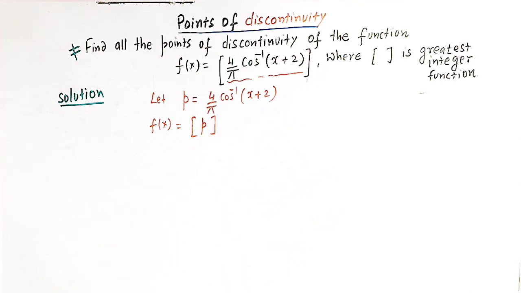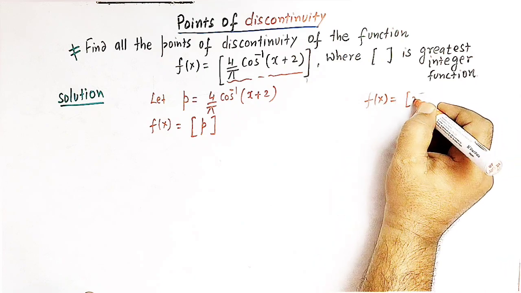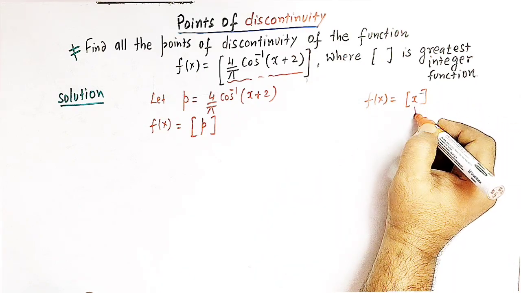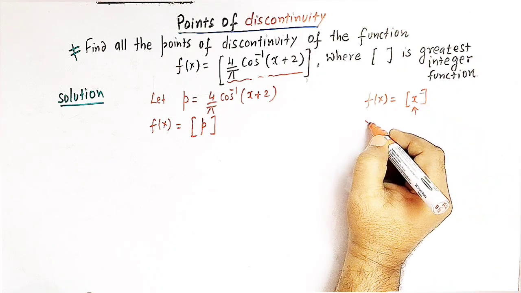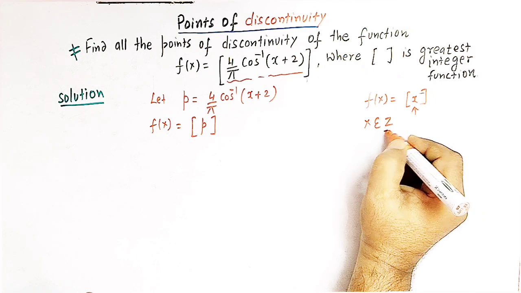Now see, we know that the greatest integer function is discontinuous at all integers, right? Now if we have the function f of x is equal to greatest integer of x, then this function is discontinuous at all values of x belonging to the set of integers.